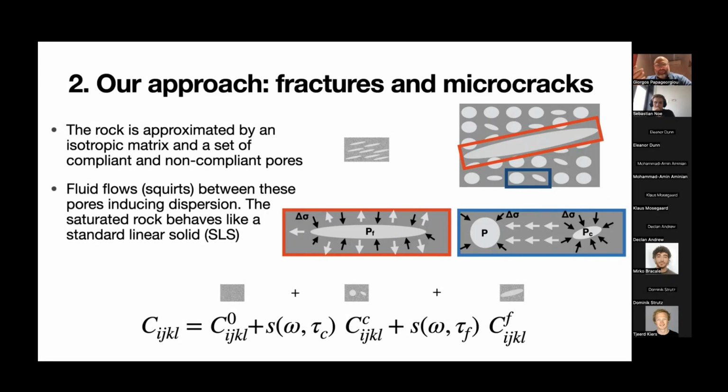And then people took that and started discussing how we can approximate the rock by having an isotropic background matrix, and then start adding these pores, and they realized that pores can be largely split into these bimodal, let's say, distributions, and they are centered around a compliant and a non-compliant bit. And the compliant looks more or less like a flat ellipsoid, and the non-compliant bit looks like a sphere.